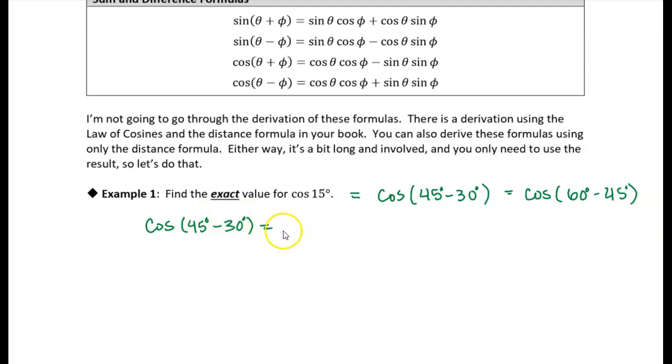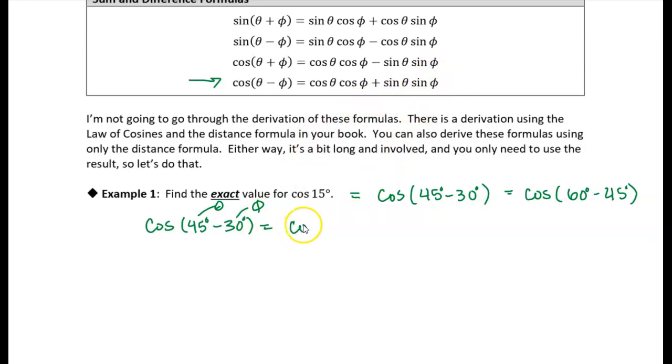All right, so let's take a look at what formula we're going to use. It's a cosine, so it's going to be one of these second two, and it's a difference. So I'm going to use this one. In this case, this is theta, and this is phi. So I'm just going to substitute those values for theta and phi into the equation.